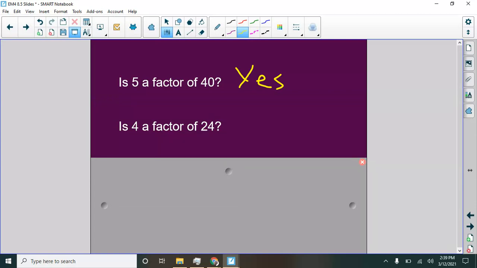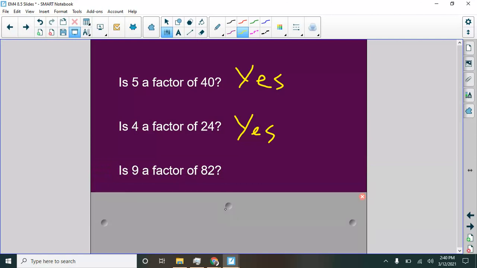If you count by 4s, do you say 24? You better believe it. 4, 8, 12, 16, 20, 24. Yes. Is 9 a factor of 82? So think about your 9s. You can use that 9s trick on your fingers. If you go up by 9s, will you say 82?